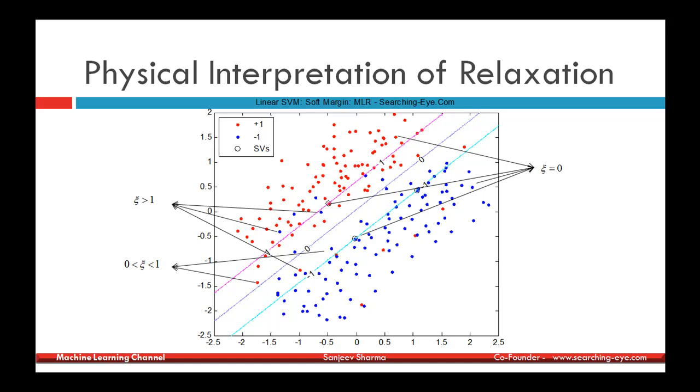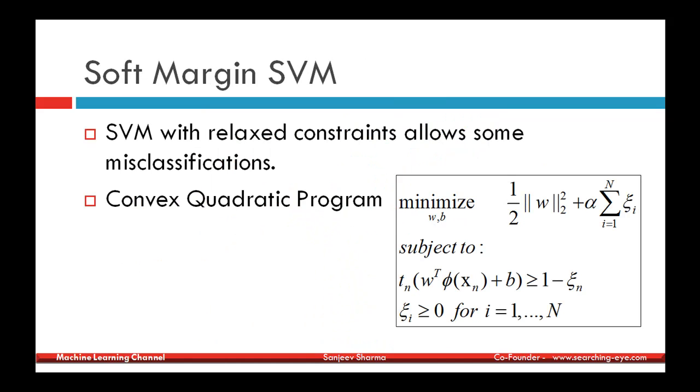Therefore this problem is known as the soft margin SVM. The problem is: minimize over w, b, half of norm of w squared plus alpha times the sum over i from 1 to n of eta i, where alpha is a positive scalar, also known as a trade-off parameter.